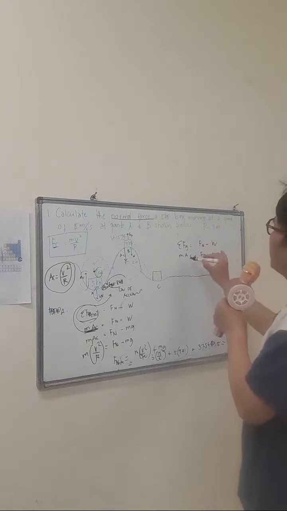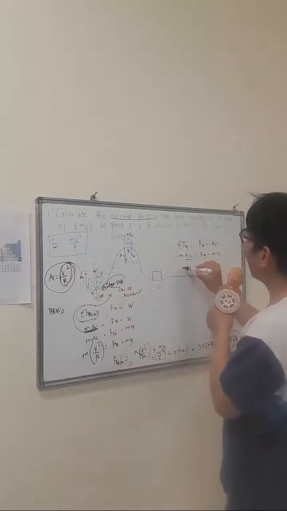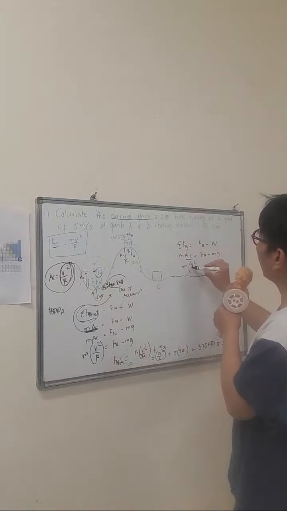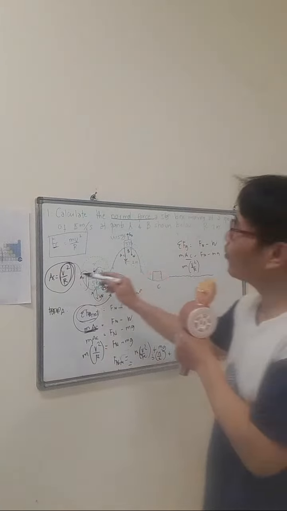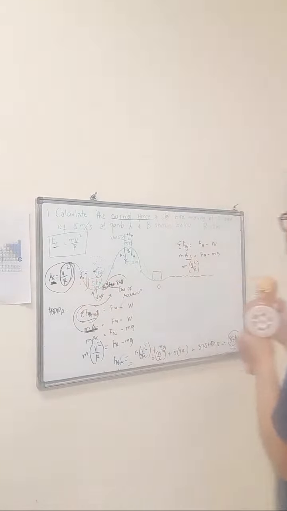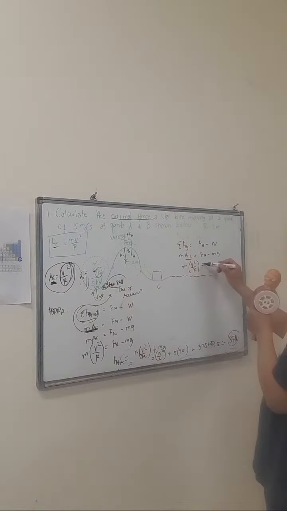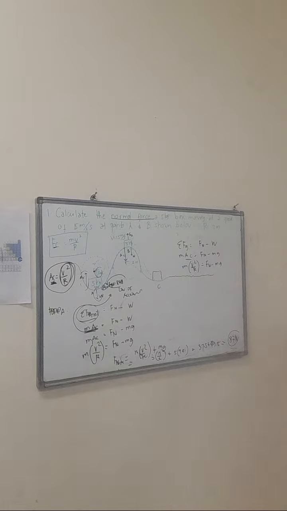Now, our centripetal force is mv squared over r, which is equal to Fn minus mg. Now solve for the normal force.